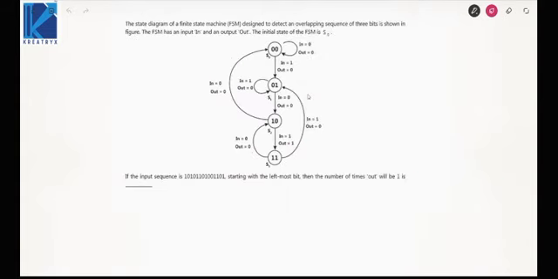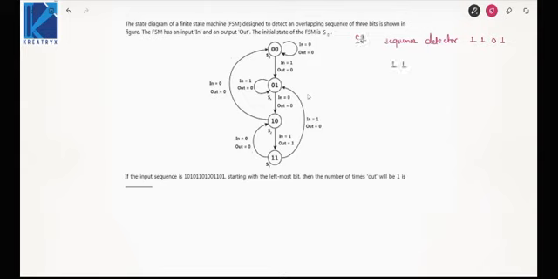Next, it says the state diagram of FSM is designed to detect an overlapping sequence of 3 bits is shown in the figure. The FSM has an input in and output out. The initial state of FSM is 0. What does overlapping sequence mean? Suppose we have to detect the sequence, let us say 1101.